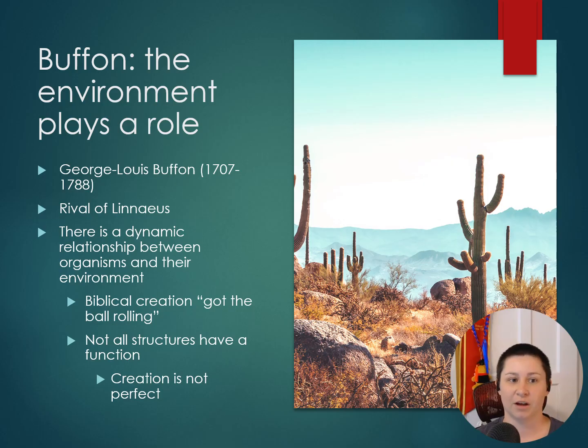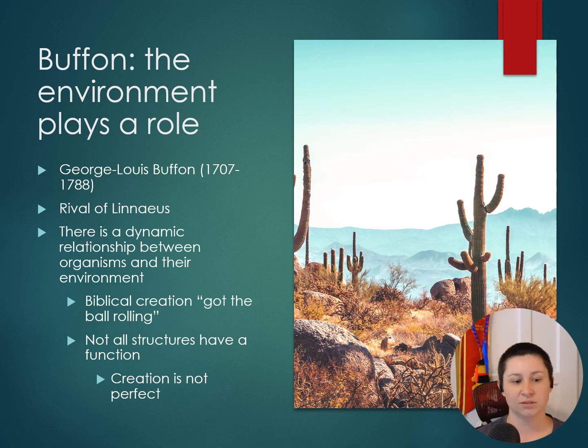Then we have Buffon. Buffon said that the environment plays a role in how species change. So he was a rival of Linnaeus. He said that there's a dynamic relationship between organisms and their environment. He thought that biblical creation just kind of got the ball rolling, and then creatures have changed since, depending on what environment they live in.